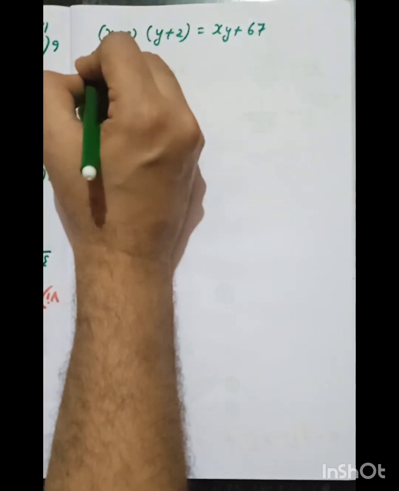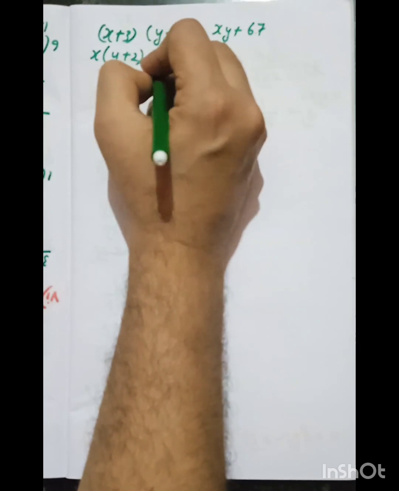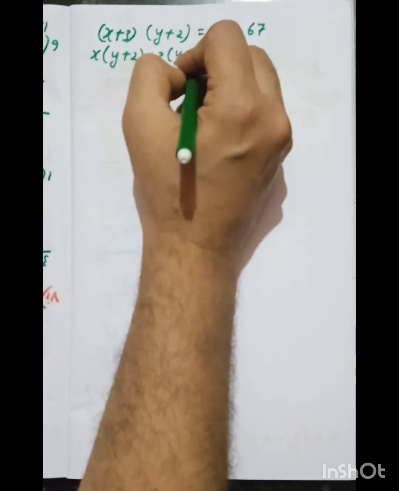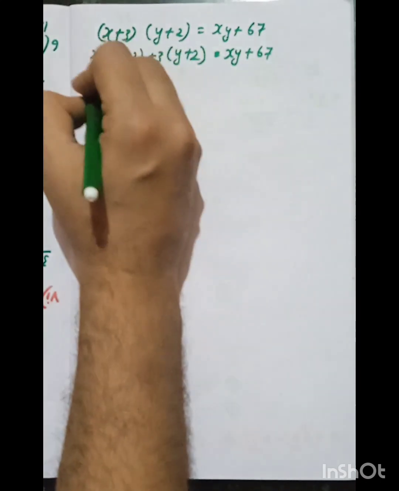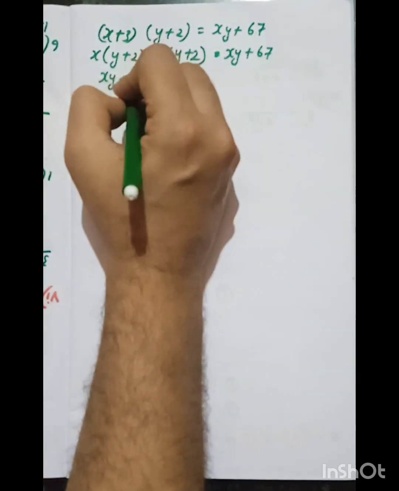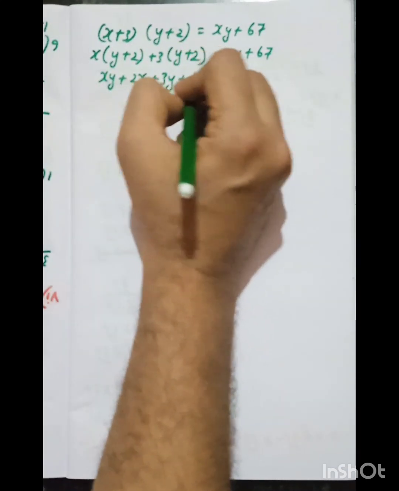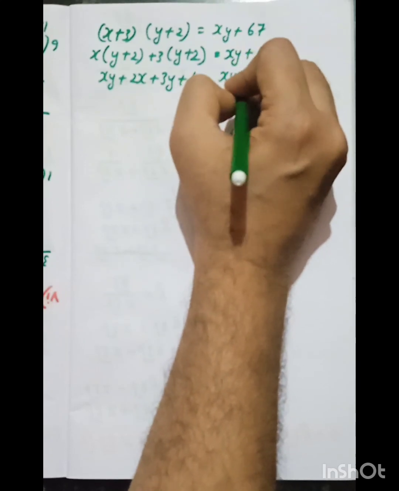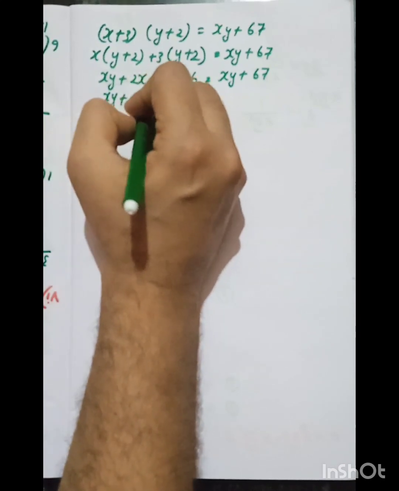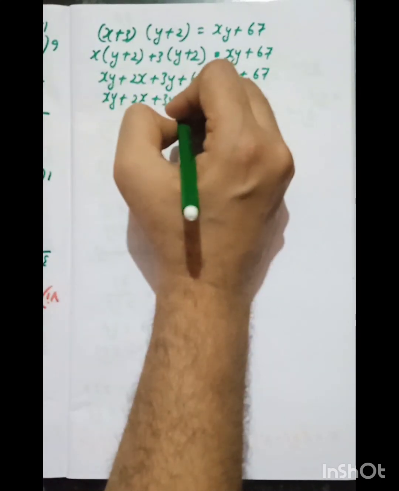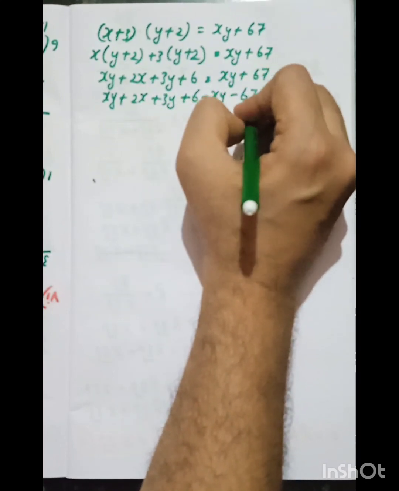Let's simplify this. (x plus 3) into (y plus 2) equals xy plus 67. x into y, xy, x into 2, 2x, plus 3y, plus 3 twos are 6, equals xy plus 67. Now bring it here, minus xy minus 67 equals 0.